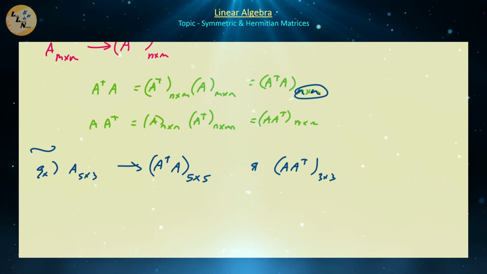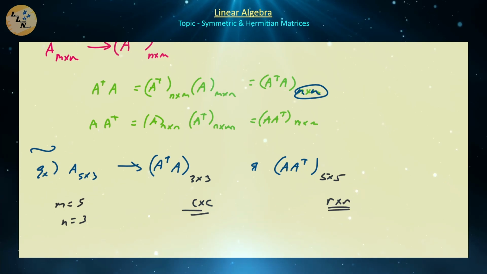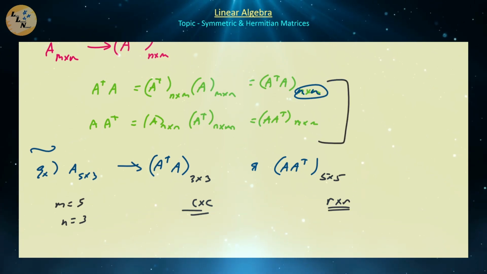Wait a minute, that's a little backwards, isn't it? Yep, that should be a 3 by 3 for A transpose A and a 5 by 5 for A A transpose, because M is equal to 5 and N is equal to 3, right? So A transpose A is column by column, and A A transpose is row by row. I should have just used the theorems we derived a moment ago.